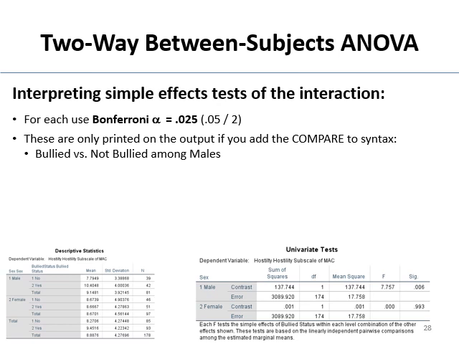So let's do the first one. Bullied versus not bullied males. Do they differ in their adult hostility? Remember to use 0.025. There's your sig, and you get 0.006, definitely less than 0.025. So among males, there was a significant difference in their average adult hostility between those who were bullied or not.